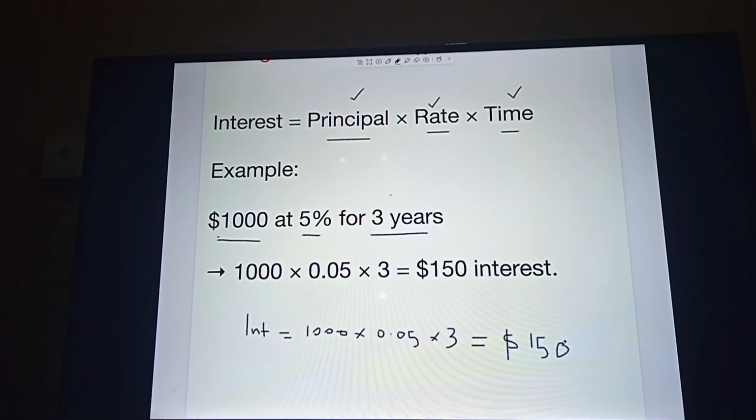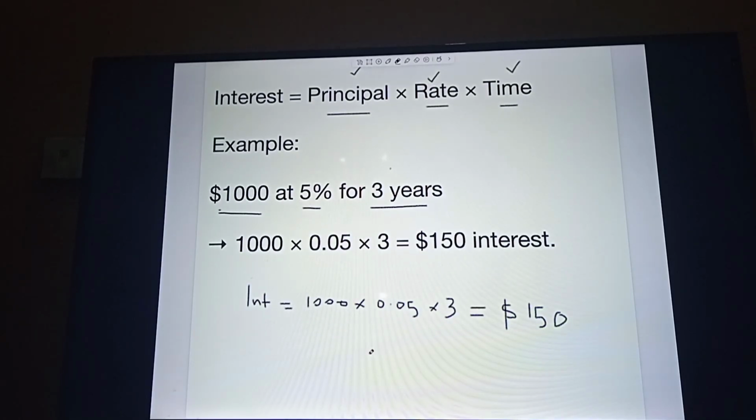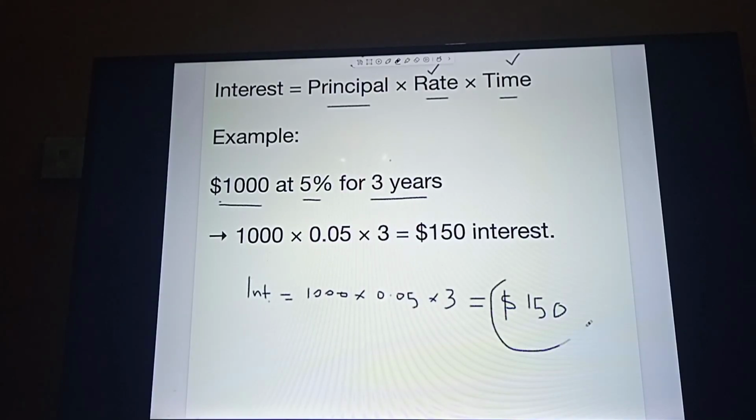So this means that simple interest is equal to $150. So this $150 is total interest earned over the entire 3 years.